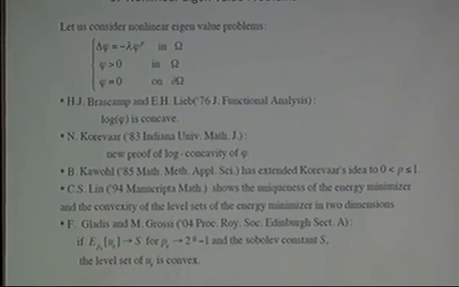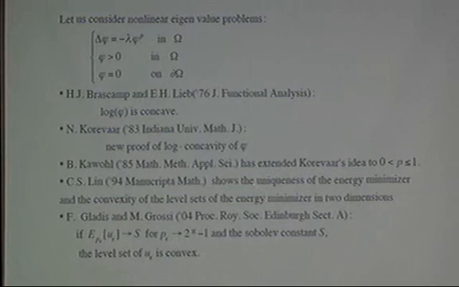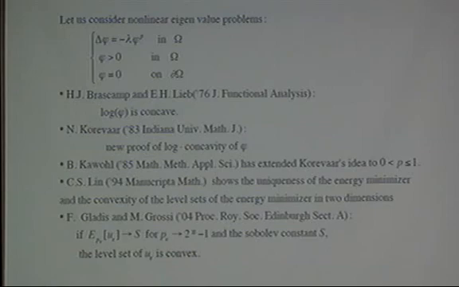And then Professor Changshu Lin made a very wonderful result, and this one includes even the superlinear case. He showed the uniqueness of the energy minimizer and the convexity of the level set of this energy minimizer. This uniqueness is actually a very important open problem, that is, the uniqueness of the ground state for the nonlinear problem.